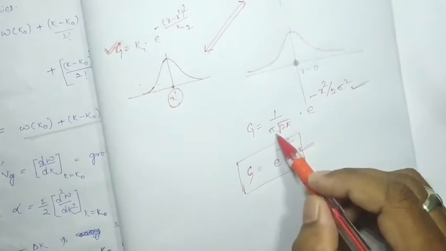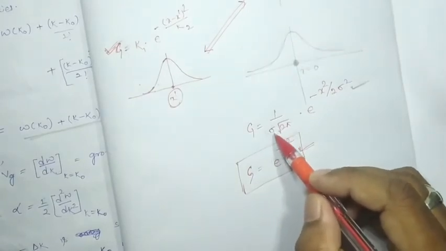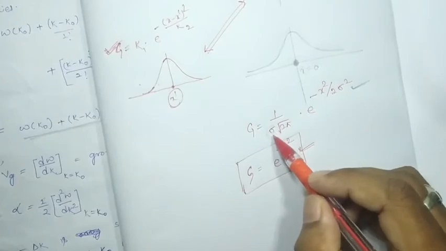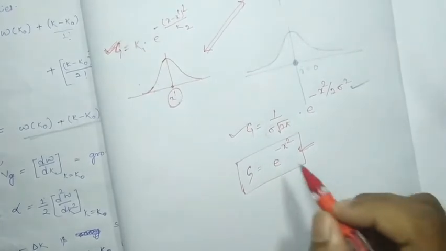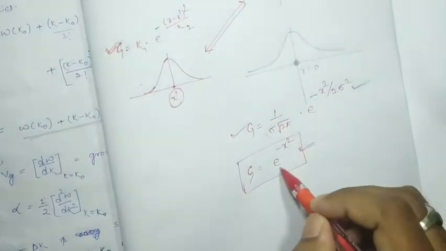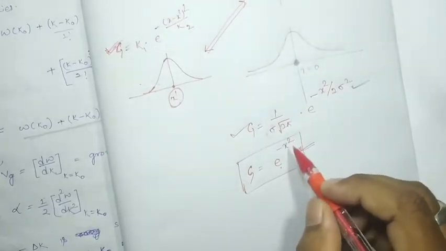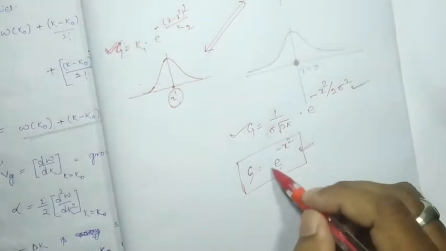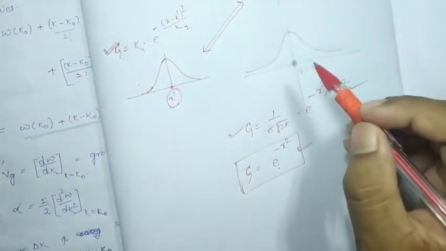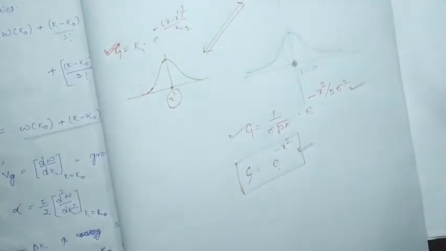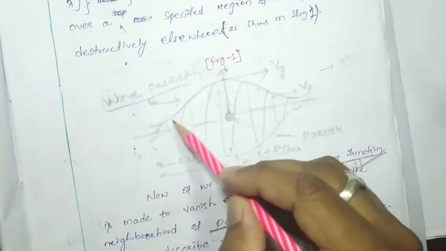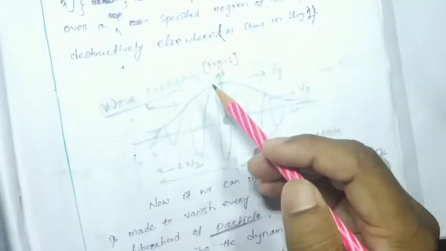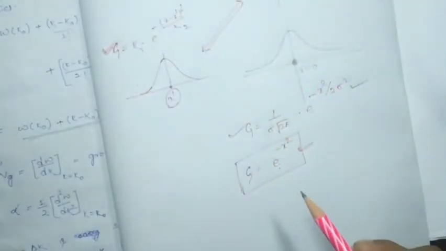But here sigma has some physical meaning that we have to consider whenever we discuss the Gaussian function. But if we want to remember what we mean by the Gaussian function, it will be exponent to the power minus x square. You just draw it in your graph, then you will find that this type of shape will appear. So our wave packet and its real part look like a peak, and this peak can be represented by the Gaussian function.